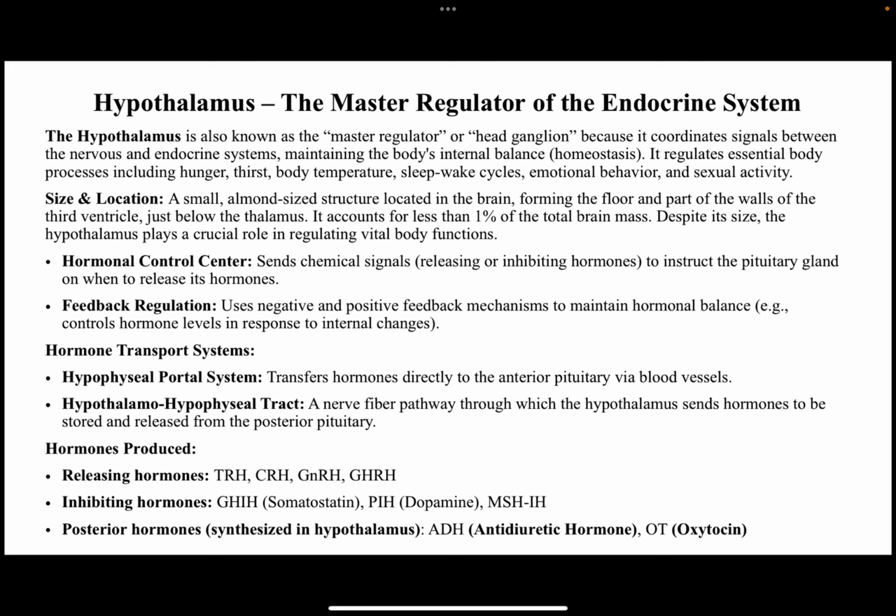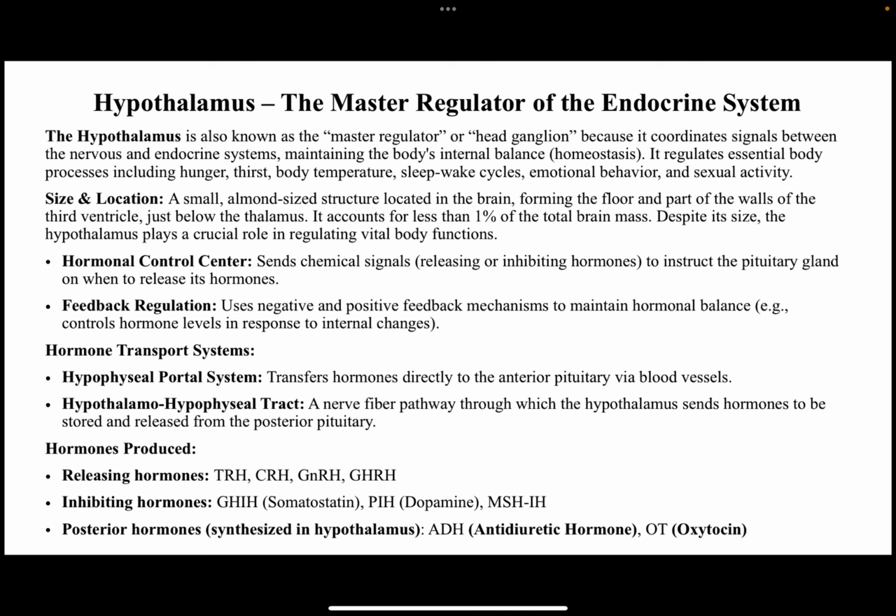Good. And then the hypothalamus operates using feedback regulation. It uses both negative and positive feedback mechanisms to maintain hormonal balance. So for example, when it is releasing a hormone to go and stimulate a certain gland to produce hormone, once the gland starts producing the hormones and it reaches a certain level, a feedback mechanism will be sent back to the hypothalamus that, oh, we have enough of this hormone.